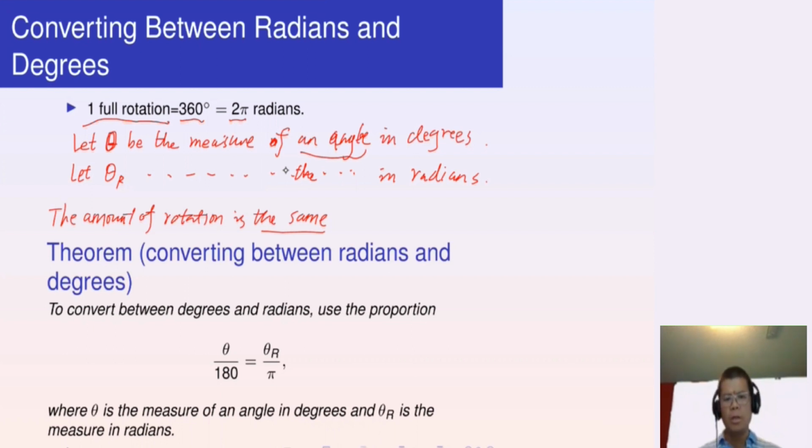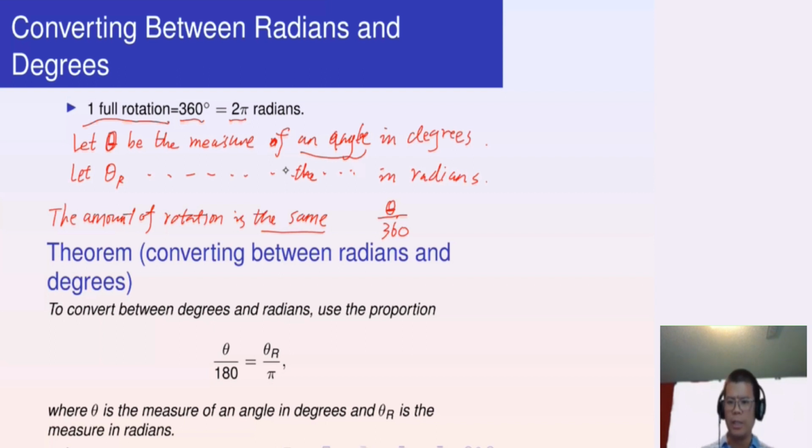Now, what is the fraction of theta in degrees of a full rotation? That's going to be theta over 360. That is the fraction of a full rotation, the amount of rotation, if we measure it in degrees.